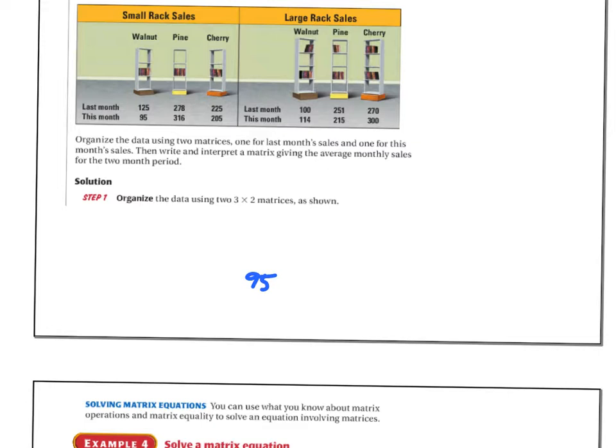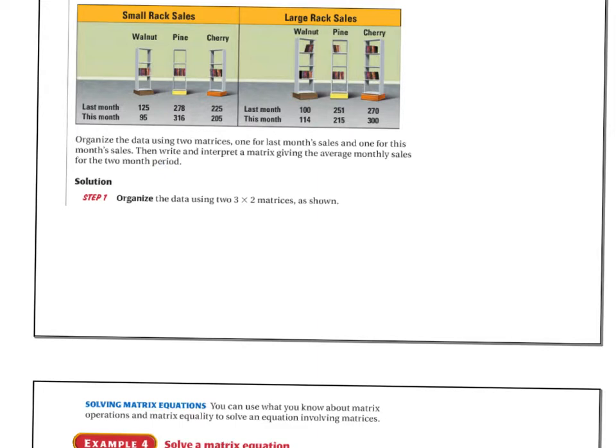I'll stick in the small column, small pine was 316. And a small cherry was 205. And here these numbers are in the other large rack sales column. And we get that.